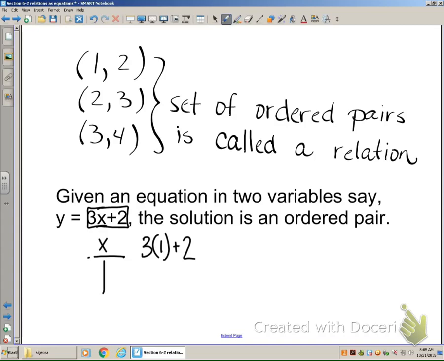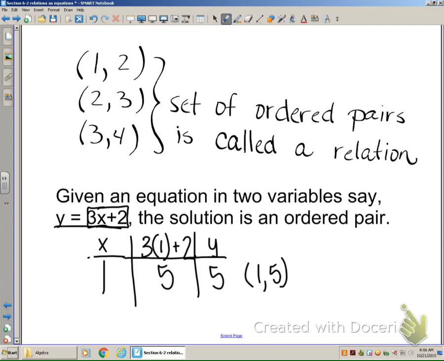I'm just taking what was here, plugging in a 1 for x, and solving. 3 times 1 is 3, 3 plus 2 is 5, so I know that my y is equal to 5. So now I have an ordered pair, (1, 5), that is a solution for this equation. If I plugged in a 2, then I would have 3 times 2, which is 6, and 6 plus 2 more is 8. So an ordered pair for this equation would be (2, 8).